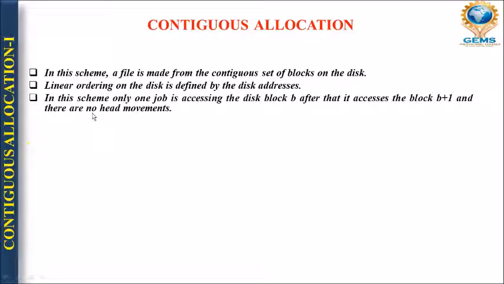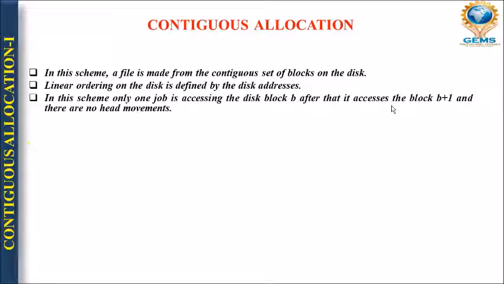In this scheme, only one job is accessing disk block B. After that, it accesses B plus 1, and there is no head movement. That means in contiguous allocation, the head is not having any movement, the disk is moving. If it starts from address B, then the next address will be B plus 1, then B plus 2, then B plus 3, and so on.